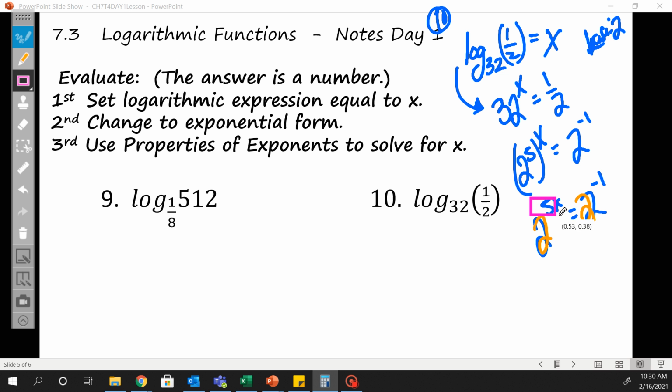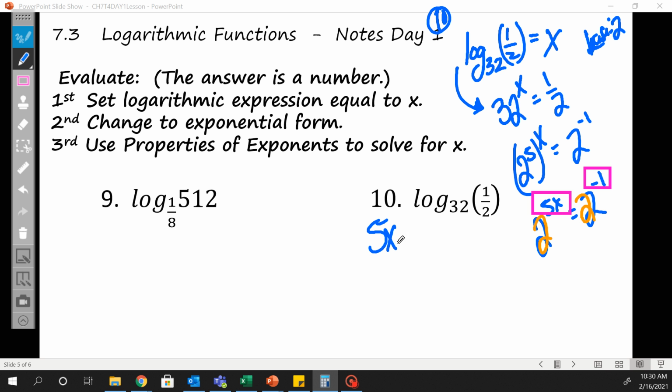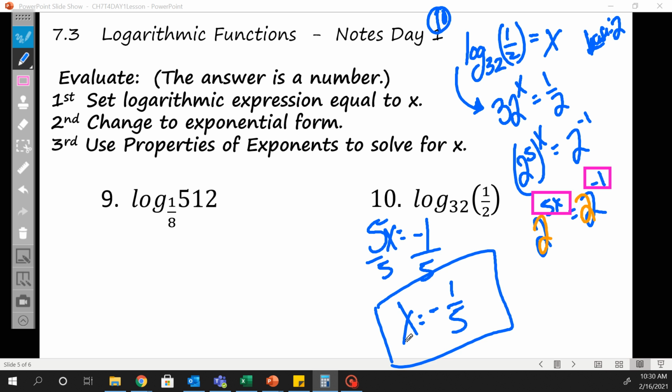I just need to set the exponents equal, negative 1 and 5x. So I got 5x is equal to negative 1, divide by 5. X is equal to negative 1 over 5. And that's the value of this logarithm. So log base 32 of 1/2 is equal to negative 1 over 5.